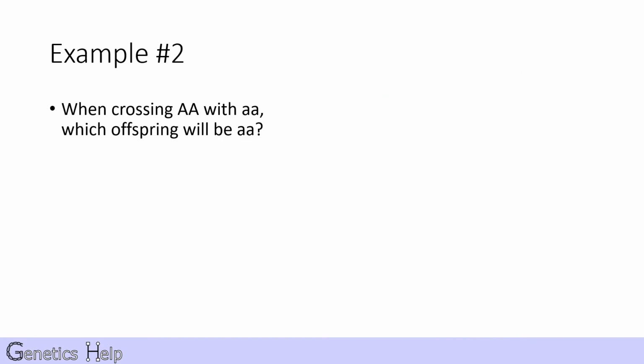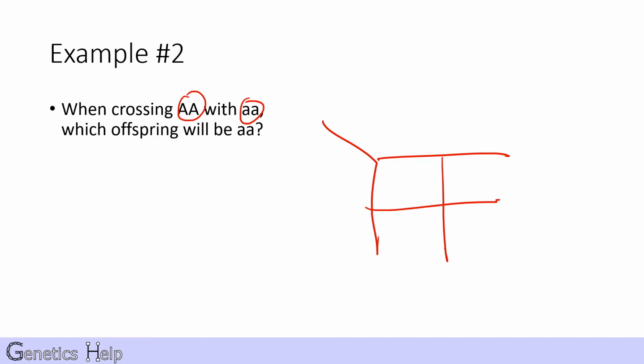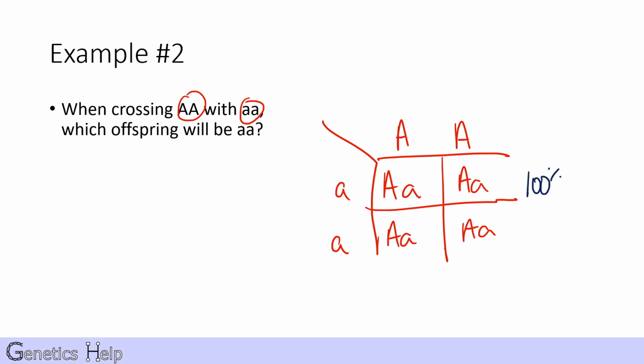When crossing big A, big A with little a, little a, which offspring will be little a, little a? Let's draw out our Punnett square here. I'm going to put big A, big A on one side and little a, little a on the other, and fill it in. You may notice all of them are big A, little a. 100% are heterozygous.